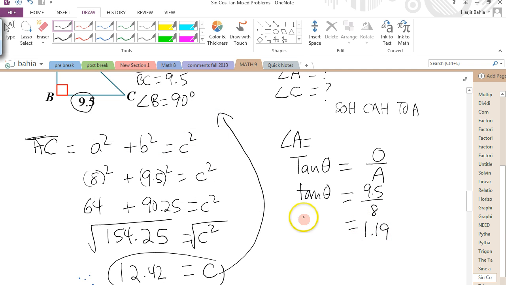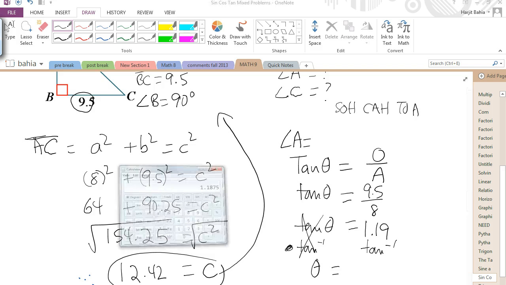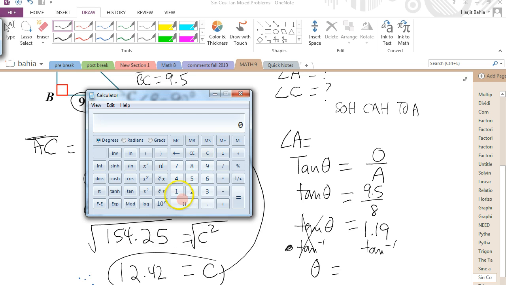1.19. Tan theta. How do we get rid of the tangent? Just keep the theta. Inverse tan, and we do the same to the other side. Inverse tan here cancels out, and you're left with theta. Theta is inverse tan of 1.19. I'm going to use the rounded version of 1.19.